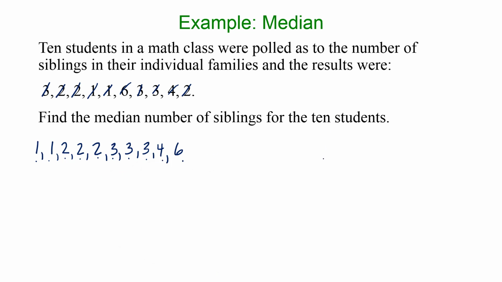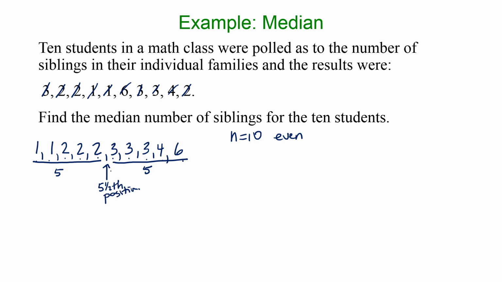So if there are 10 pieces of data, n equals 10. This is an even number. Where do you think the middle is? Half the data is here and half the data is here. There are 5 pieces of data here and 5 pieces of data here. So in the middle is what I'm going to refer to as the 5.5 position.